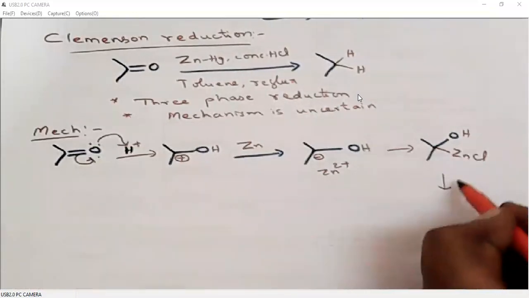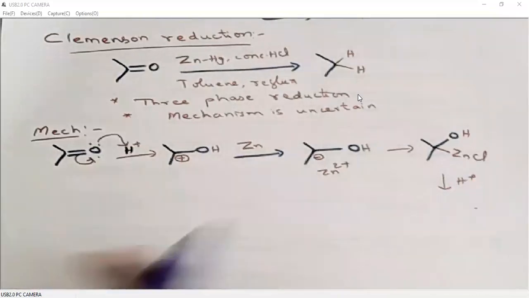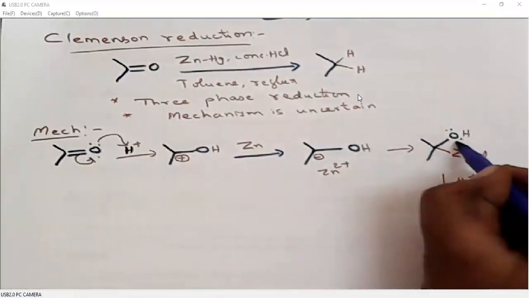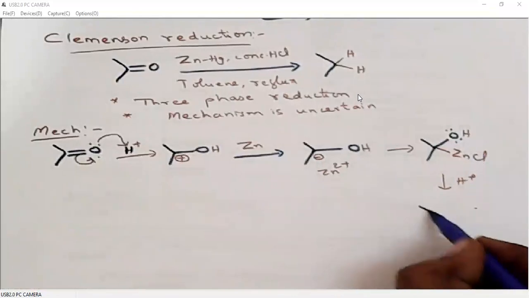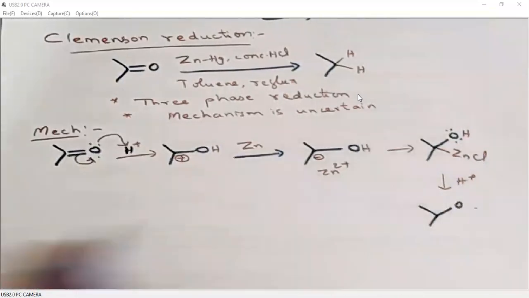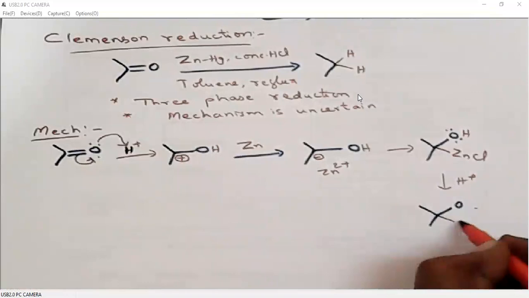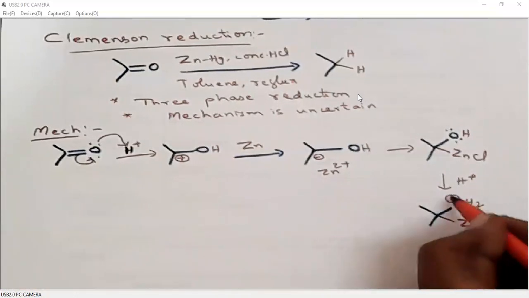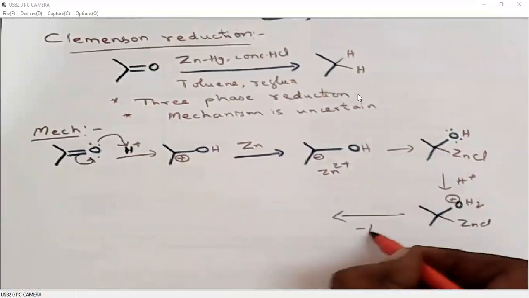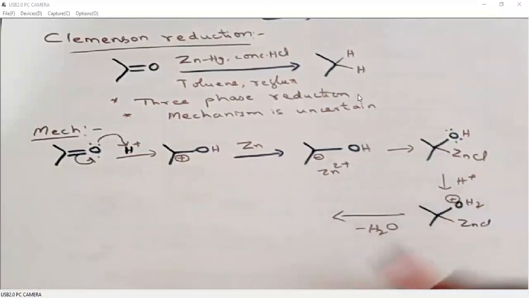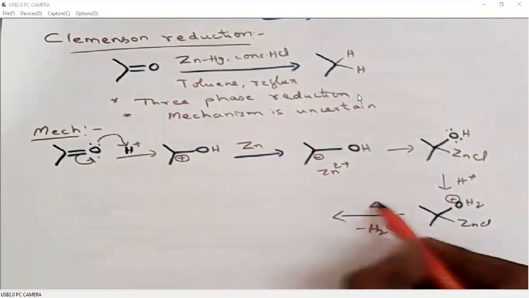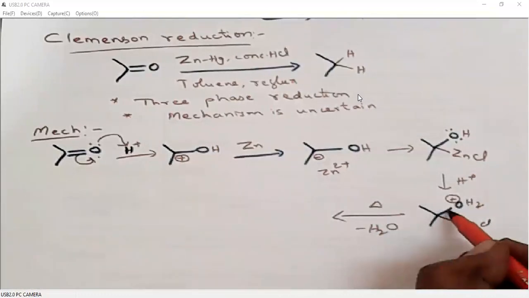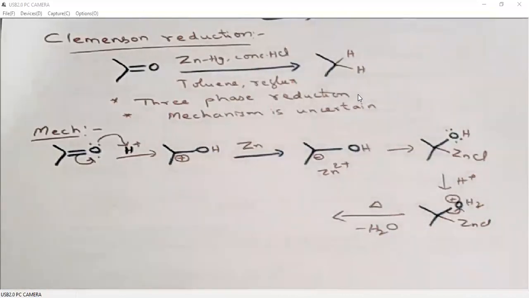Then under the same acidic conditions, it is possible to protonate this alcohol, and when we heat it, it will undergo dehydration. So OH2 will be leaving.